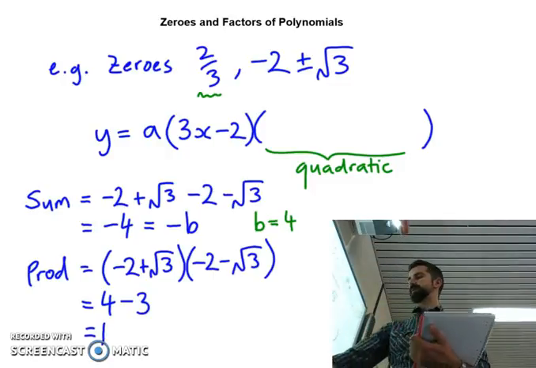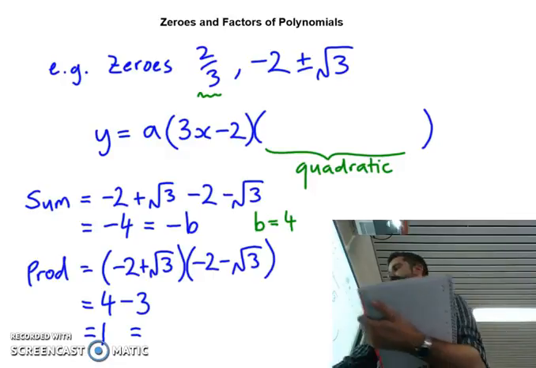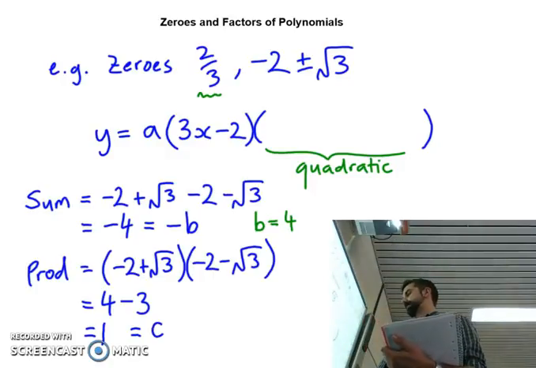And we know from what we were just doing before with the quadratics that the product of the roots has to come out to c. So that tells us that c equals 1.